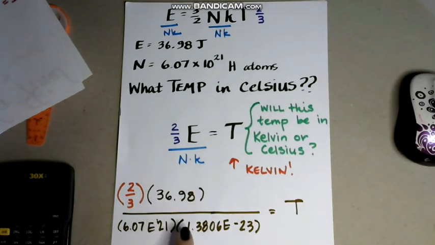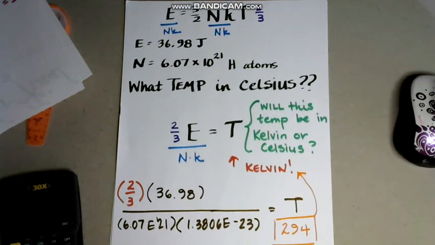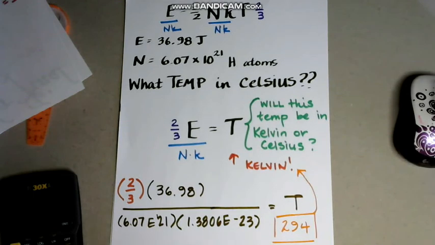If you haven't stopped yet, take the time to plug in. I plugged everything in, and my final answer is that the temperature is 294. Whoa, problem. That is Kelvin. So I want you to take this time to answer this question now.